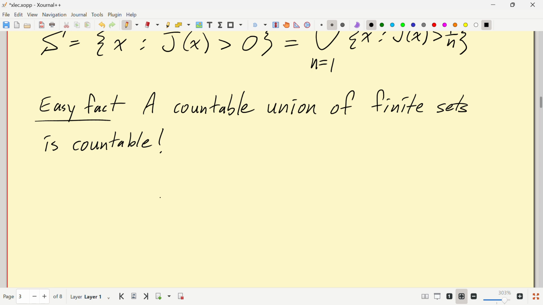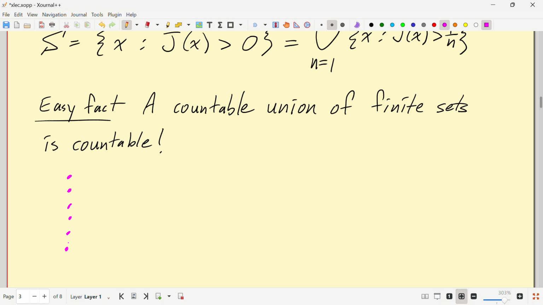I'd take the first one in the union there and set it here. It's finitely many things. And then the next set I'd look at, it's also finite, but maybe some of those terms appeared in the first one.